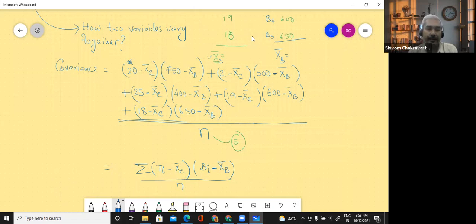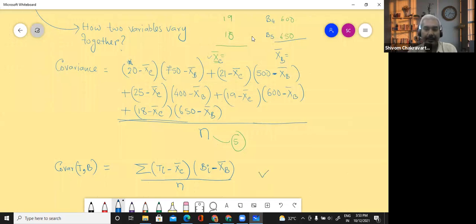This is the covariance of temperature and buses. We write it like this: two variables, one variable, comma, second variable.